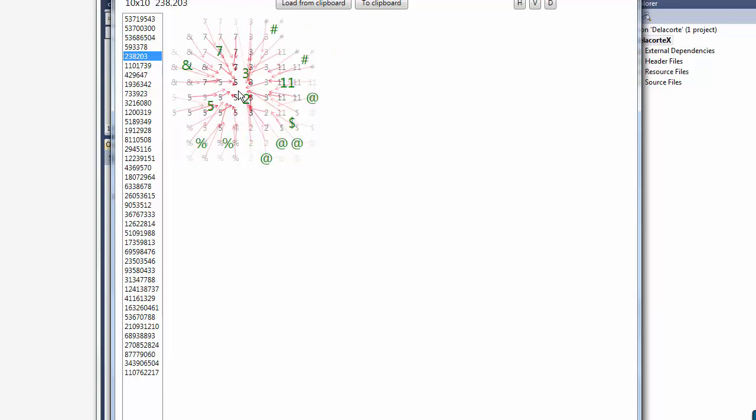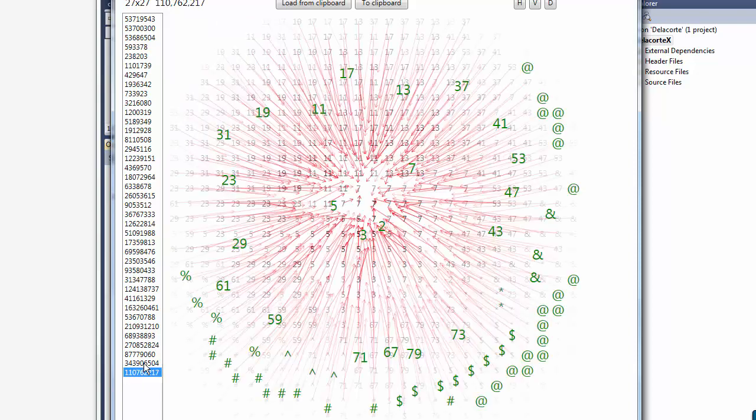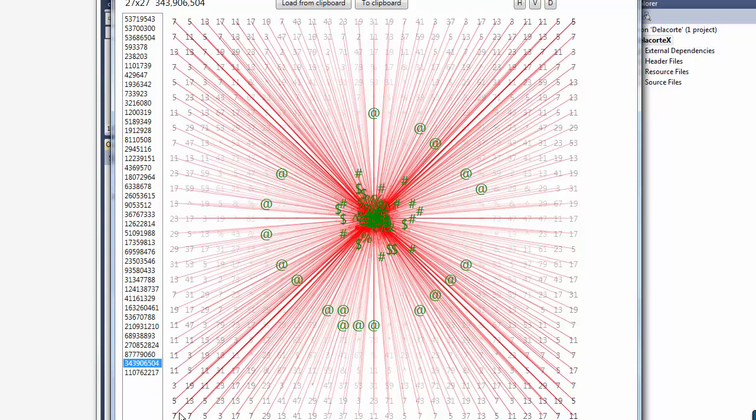Even in 10, it kind of has the same patterns too. And then, if you're curious, this is what the max one looks like. So all the arrows are pointing pretty much to the center, so it's just a big mess.